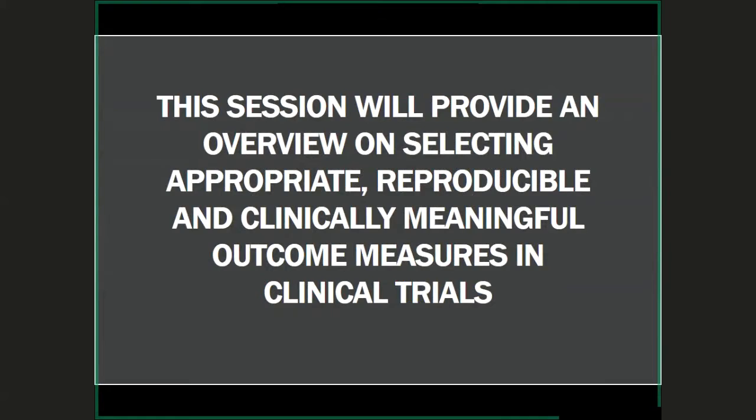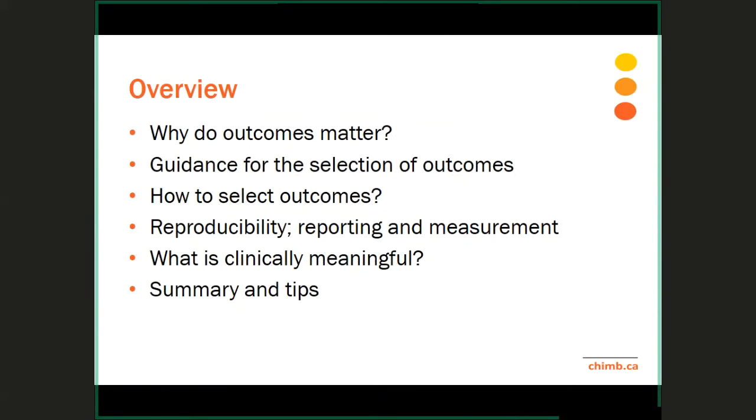I structured the talk to cover why I think outcomes are so important and why it would be a good use of our hour today. What guidance is out there? What do we know? Where are there tools we can access? How do we get information on what we should be doing and best practices?